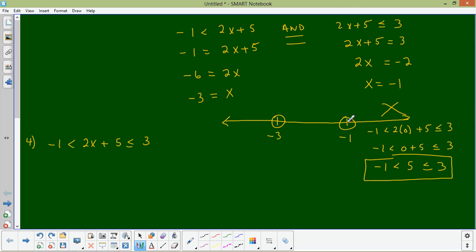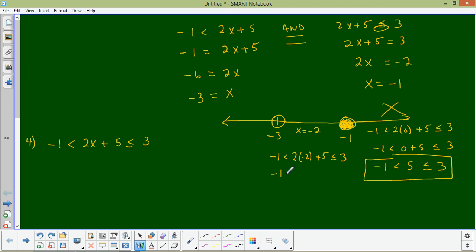Now, what about the number negative 1 itself? Because that side of the inequality was allowed, we have equality there, that's going to work. And then if you try a number in the middle between negative 3 and negative 1, obviously use the integer negative 2 and put it back in the original inequality, we get negative 1 less than 2 times negative 2 plus 5, and then we're asking, is that less than or equal to 3?